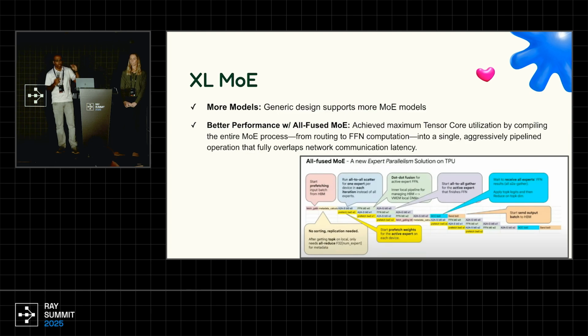The key goal here is to overlap as much communication as possible. In fact, we try to fully overlap the communication over the SwiGLU FFN computation, like GMMs. I'm not going to go into the details, but that itself is a separate session, easily a half-hour or one-hour talk to go deeper into how this kernel is implemented. But if anybody wants to talk about it, I'm happy to chat offline.